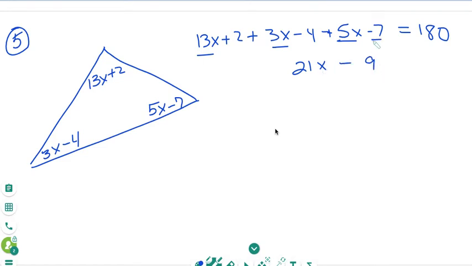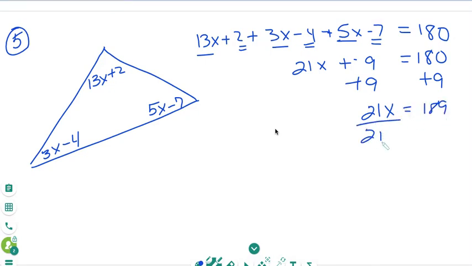When I combine my constants together, I get negative 9, and I get equals 180. Zero pair out the 9, keep change, and that's going to give me 21x is equal to 189. Divide by 21, divide by 21, x is equal to 9.